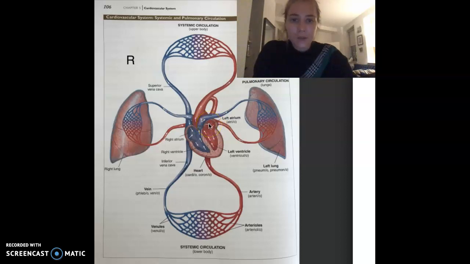From the left atrium, blood passes through the bicuspid or mitral valve into the left ventricle. From the left ventricle, the blood passes through the aortic valve, which is up there, and then goes from the aorta into the upper and lower body, and oxygenates our body.